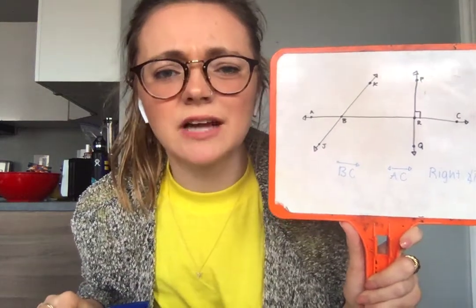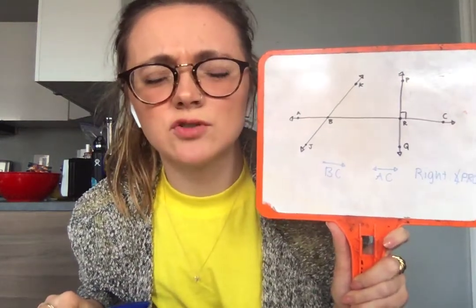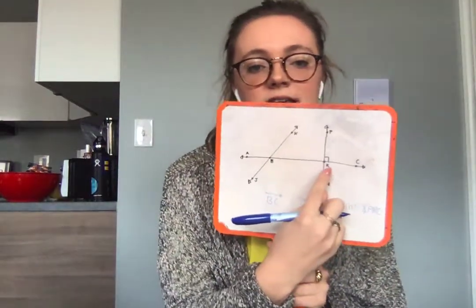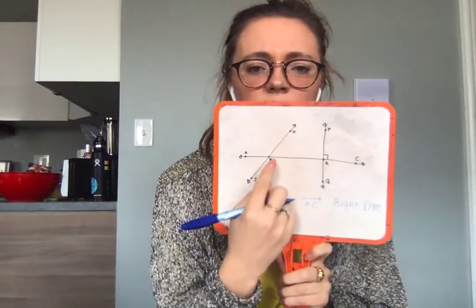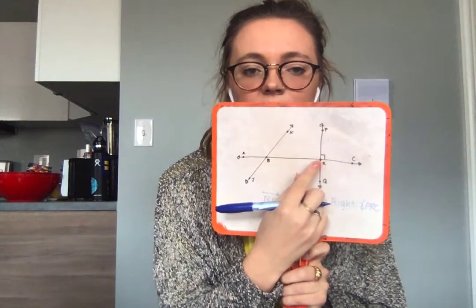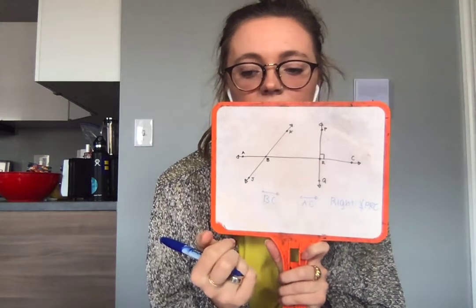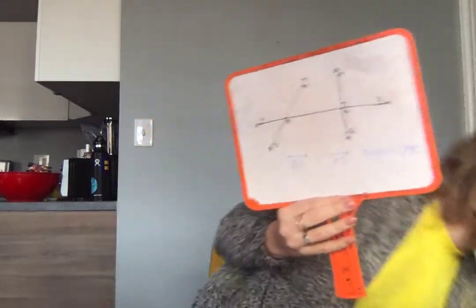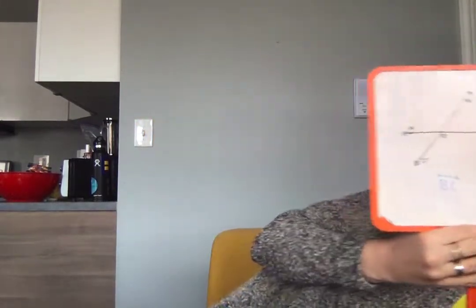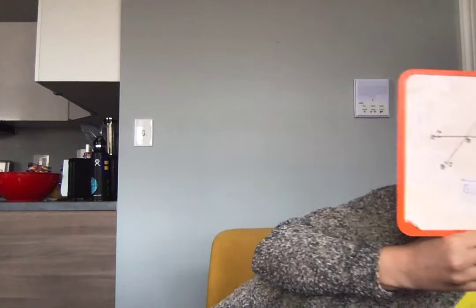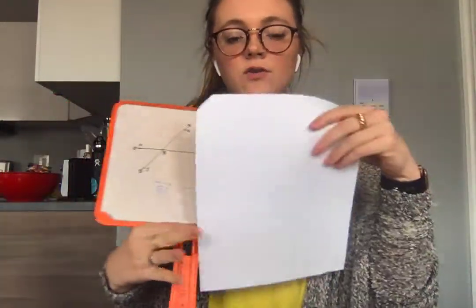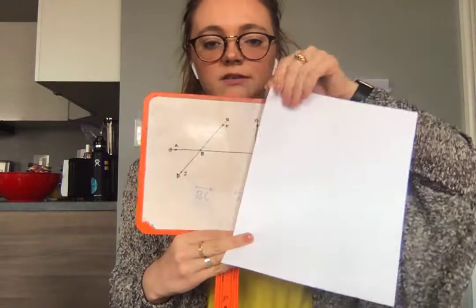The next question asks me to find an obtuse angle. So I remember, I just learned this, obtuse. Okay, that's the one that's bigger than this angle. So if we look over here, which one looks bigger than a perfect square? If you're struggling to figure this out, you can pull out a blank piece of paper, and I'm going to do just that. And you can use the corner of your paper to check your angles.